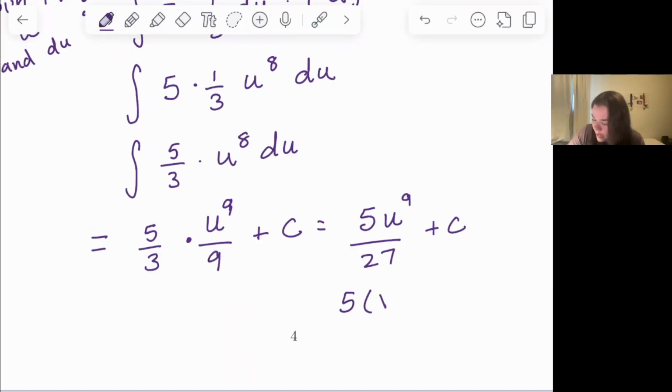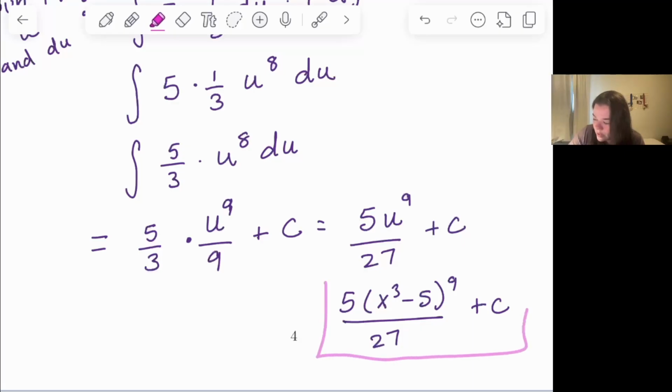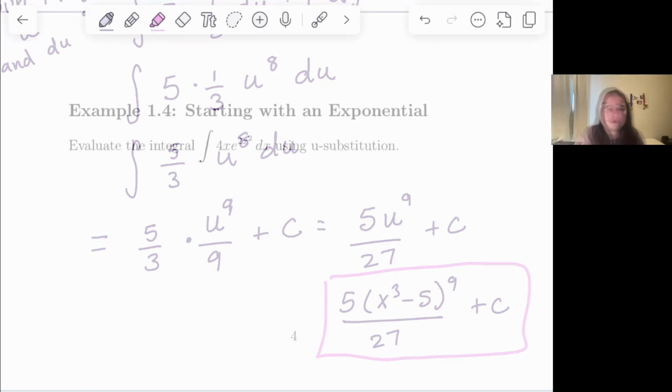We get (x to the 3rd minus 5) to the 9th over 27 plus c. Here is your final answer. So remember, the variable u did all the heavy lifting. It did all the integrating, the cleanup, all the heavy lifting. And then at the end of the day, the x got to substitute back in and get all the glory.